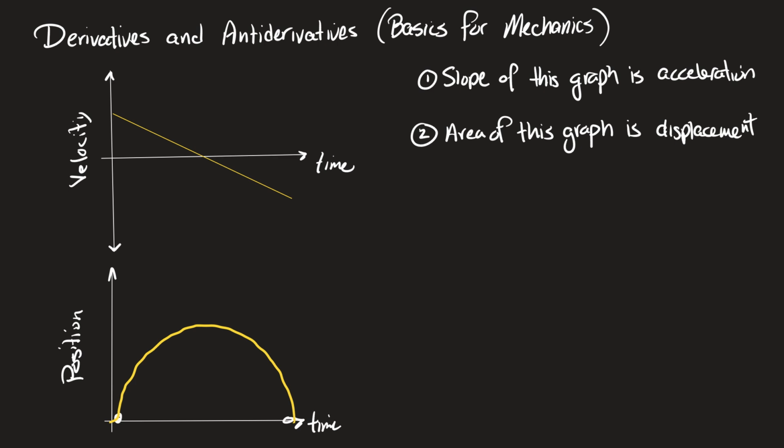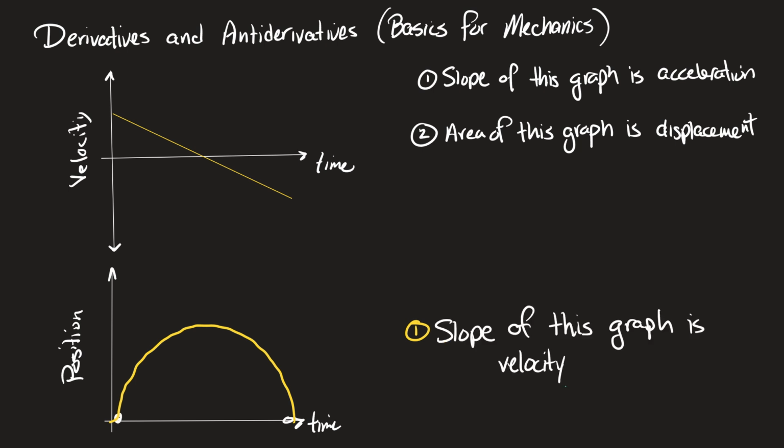And we can talk about all those things because we also know over here, the slope of this graph is velocity. Well, up here in the velocity graph, finding the slope would be easy because you just pick any two places. The line is straight, so we can find the slope, which gives us the acceleration, by doing delta v over delta t.